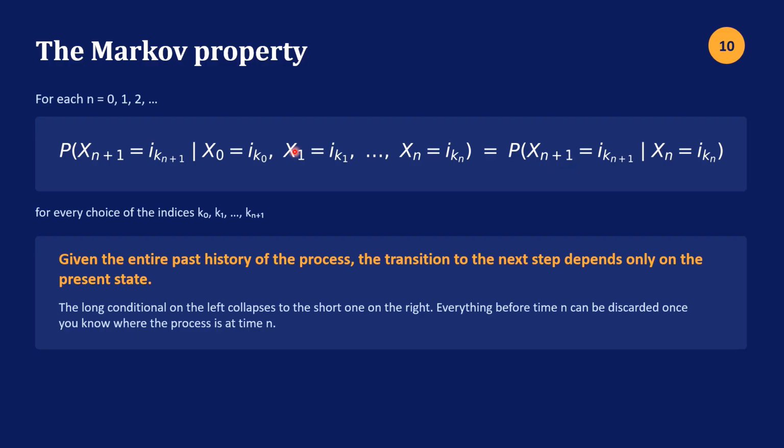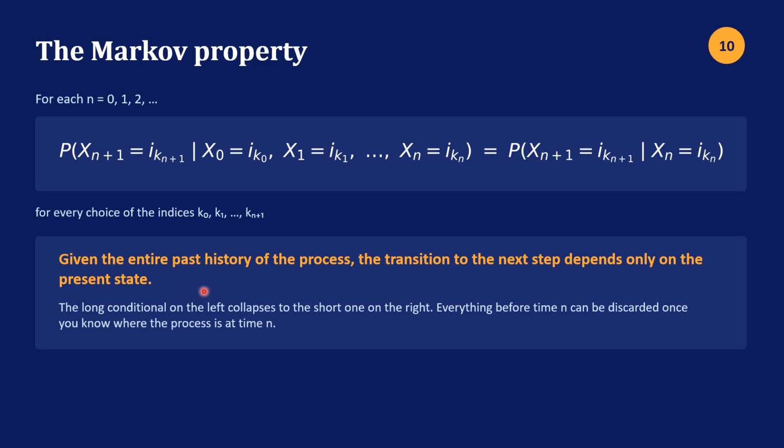In other words, all this past at time 0, 1, all the way up to n minus 1 is not needed in order to do the computation. So this is essentially the Markov property.